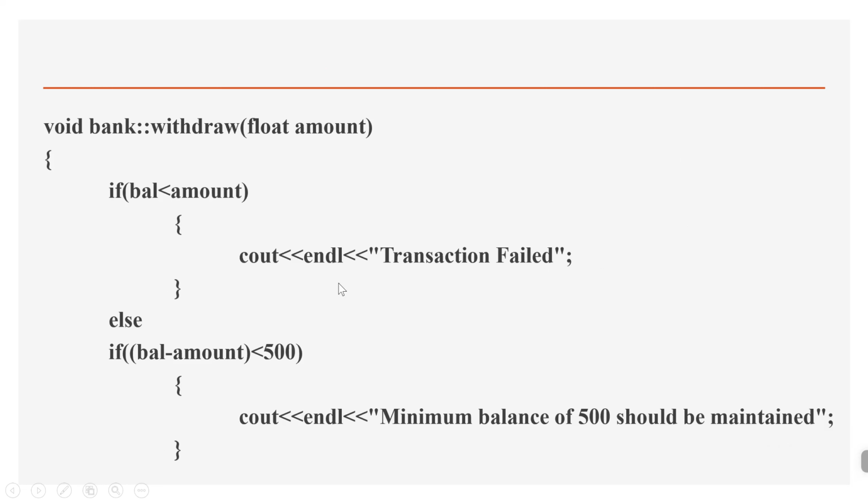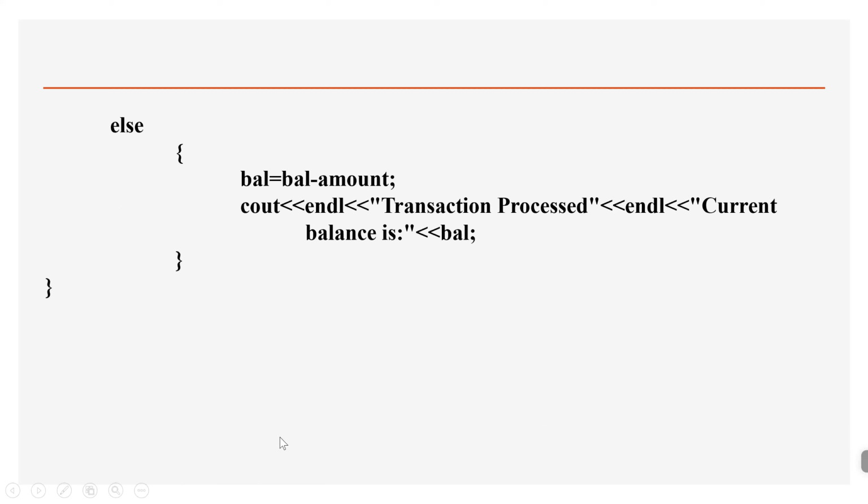So whenever you are withdrawing the amount, what is the condition? That much amount should be there in the balance. So if it is less than the balance, you cannot do the transaction. Or if the balance minus amount is less than 500, because the condition says minimum balance should be 500, even then you cannot withdraw the money.